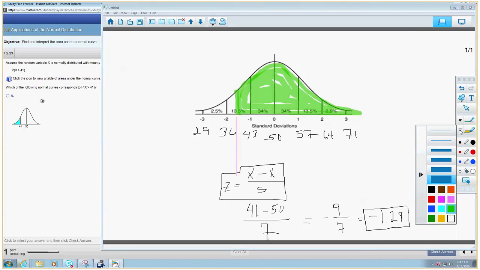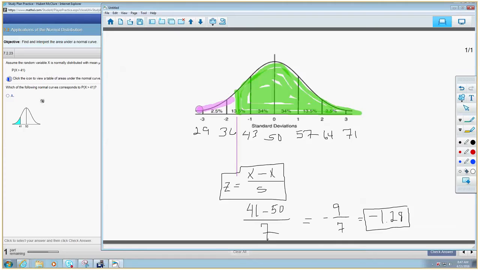So I'm going to take my highlighter. The reason I'm painting it a red color is because that's what you do not want. That's not what the question's asking for. Remember, greater than, more than, higher than, whenever you see those words or symbols, that means you want the right-hand side.